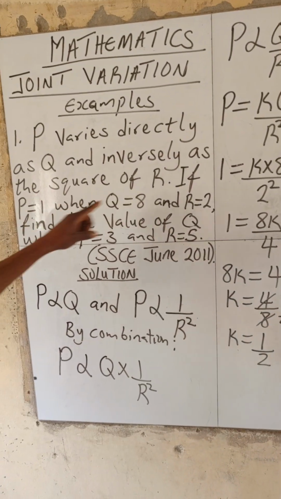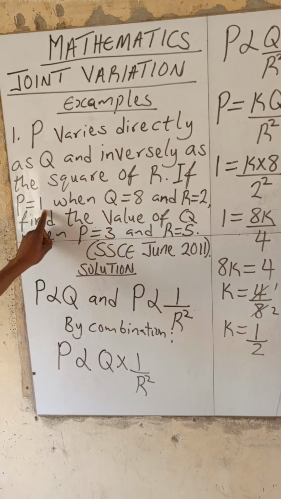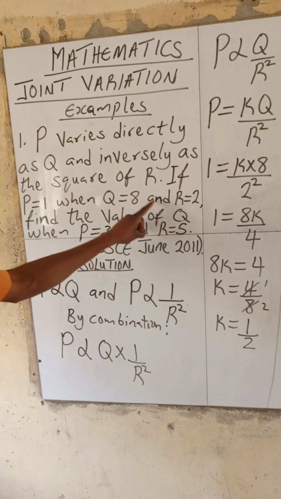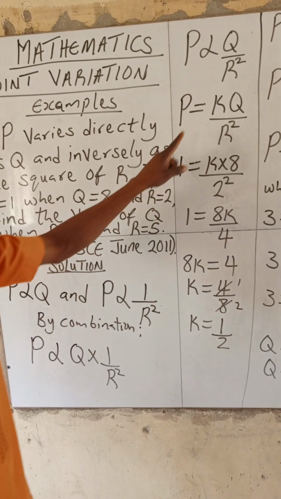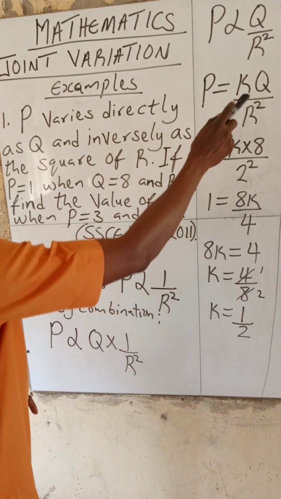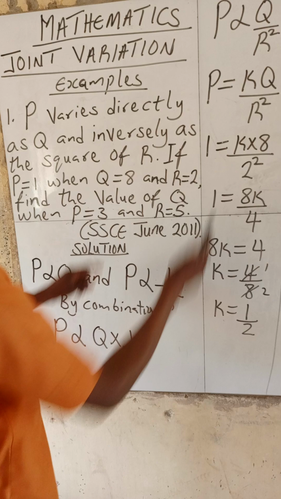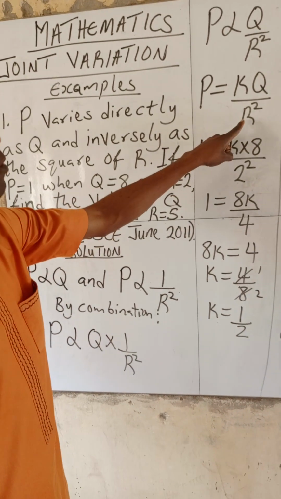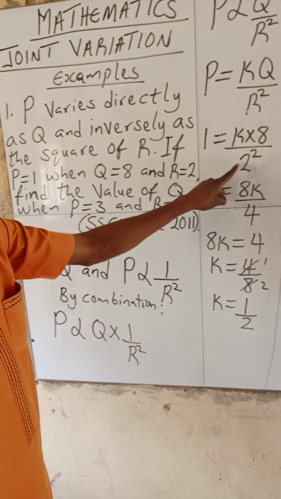So now, let's go back to the question. They said, if P equals 1, when Q equals 8 and R equals 2. So P equals 1, K times, where we see Q, we put 8, and where we see R, we put 2, so we have 2 squared.